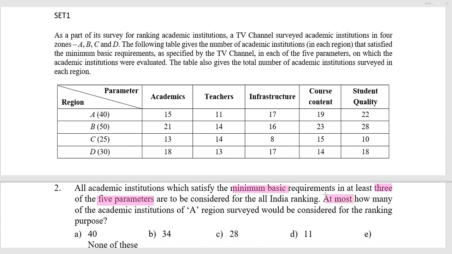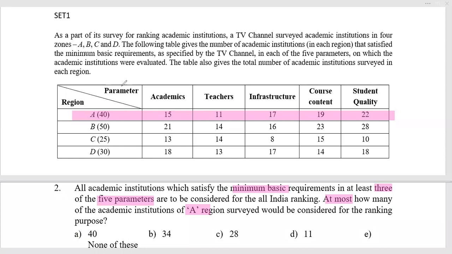Now I want to maximize at most how many of the academic institutions of region A surveyed would be considered for the ranking purpose. So basically our target is to discuss region A only. I need not think of the other regions.